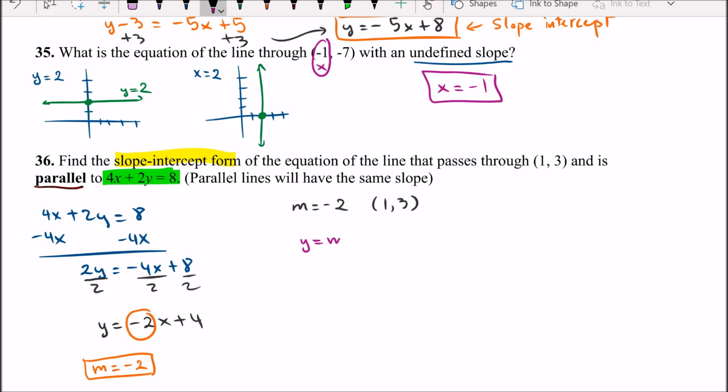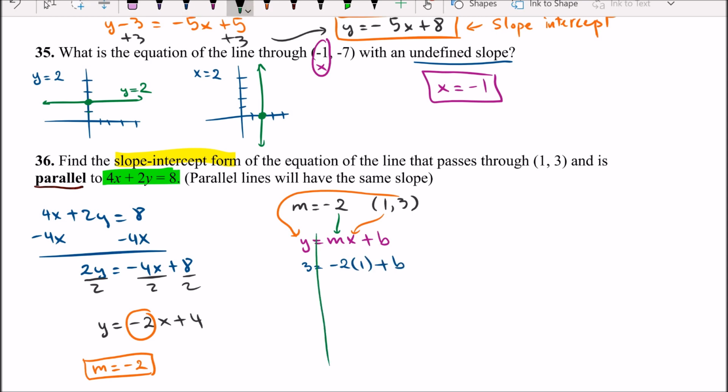Y equal to mx plus b, where m is -2, x is 1 and y is 3. We're going to plug it in. So 3 equal to -2 times 1 plus b.